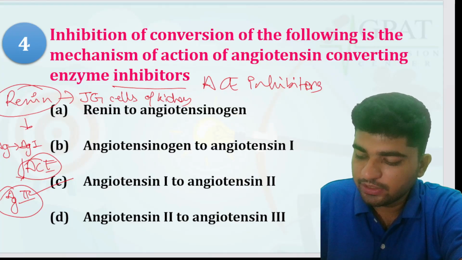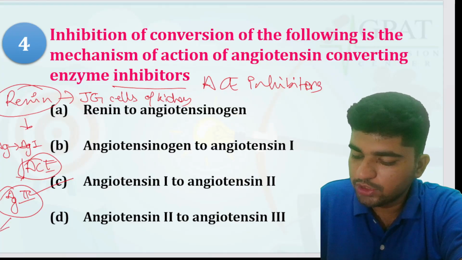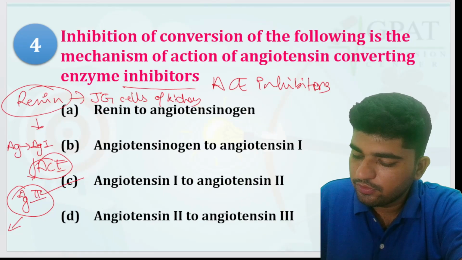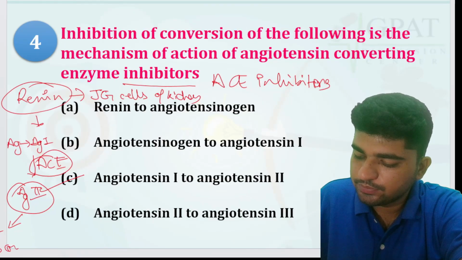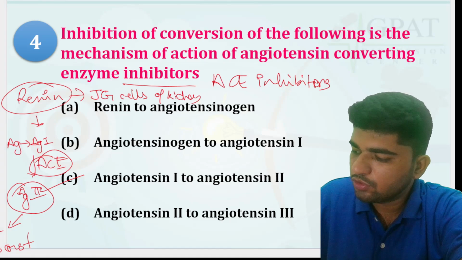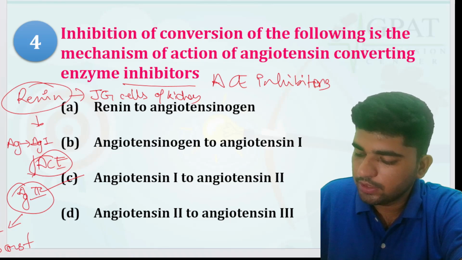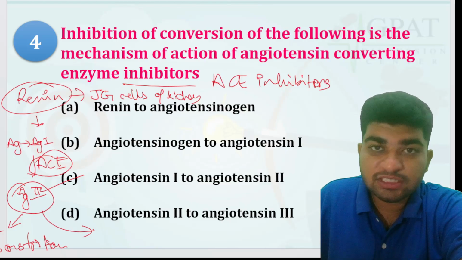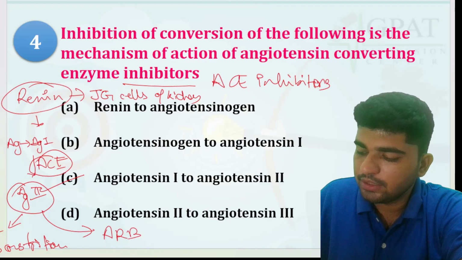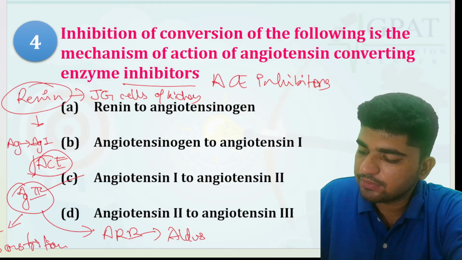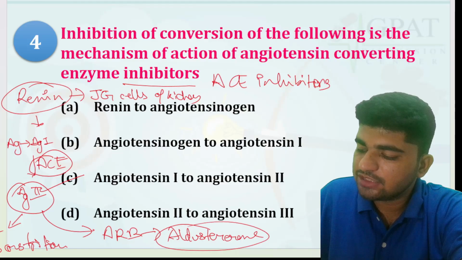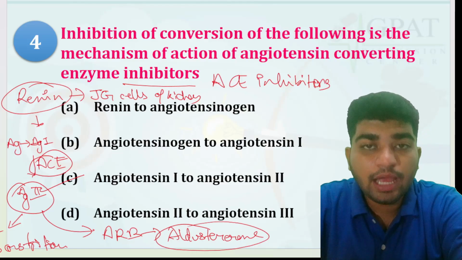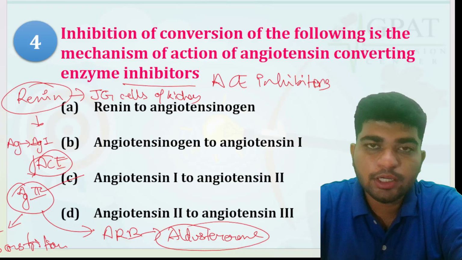This AG2 has a direct vasoconstriction property. Also, it binds to the angiotensin receptor, that is the ARB site, and this angiotensin receptor has aldosterone-like activity, which is responsible for sodium and water retention in the body.